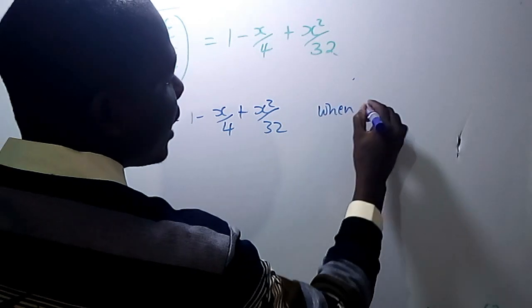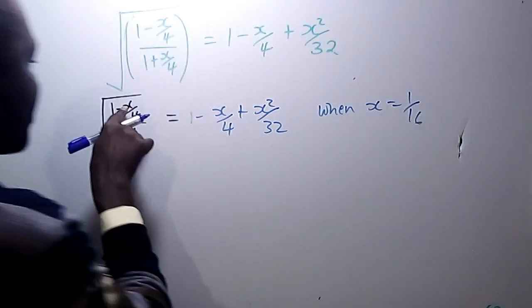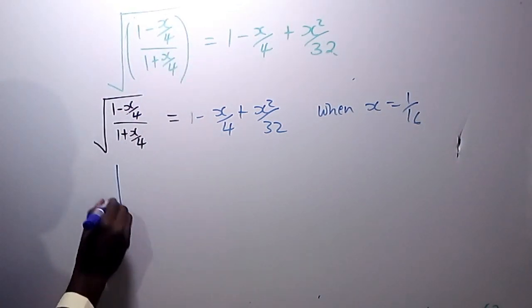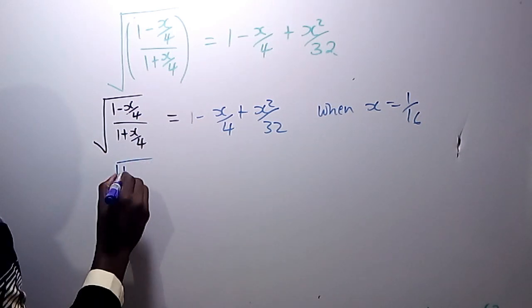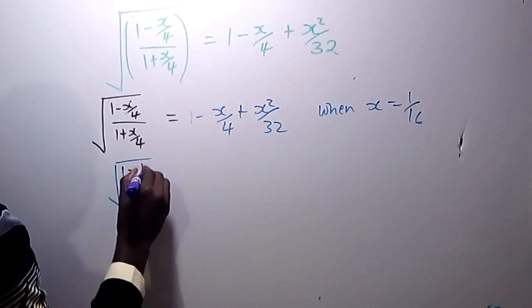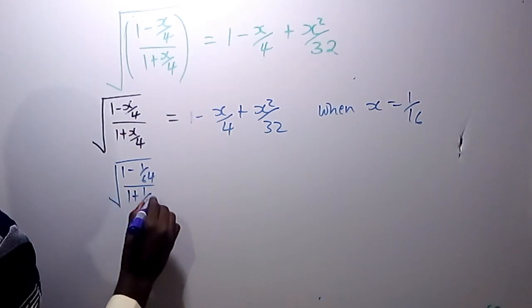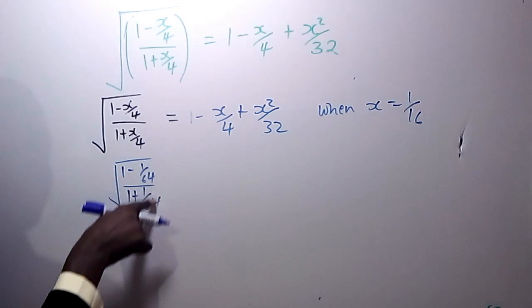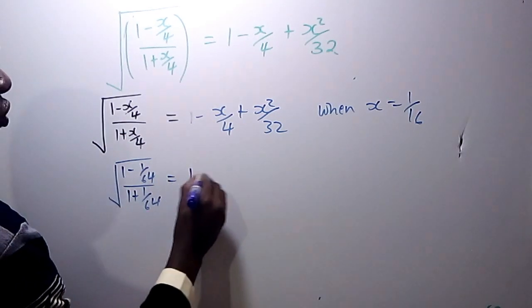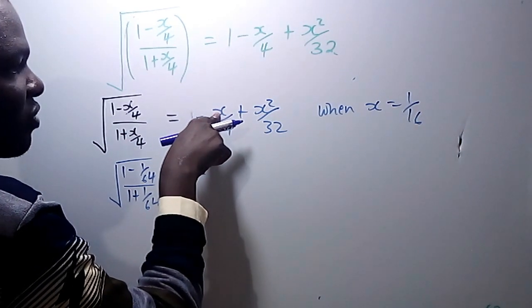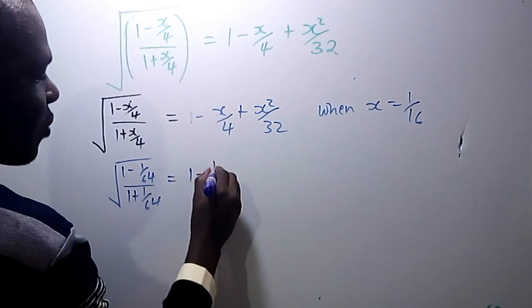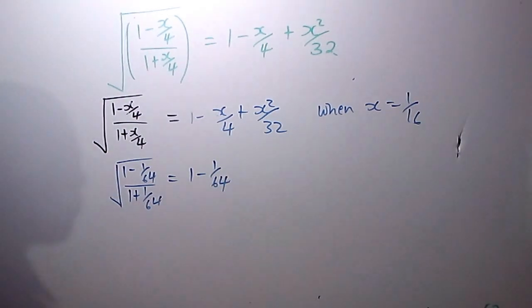So we want when x is 1 over 16. Where there is x, you substitute 1 over 16. So this side will have square root of 1 minus 1 over 16 divided by 4, which is 1 over 64, over 1 plus 1 over 64. Equals 1 minus x, which is 1 over 16 divided by 4, is 1 over 64.